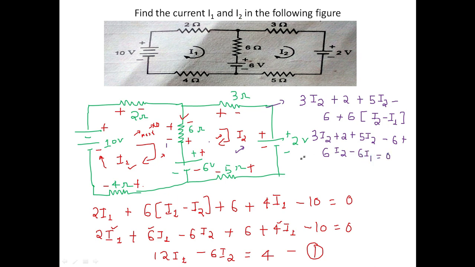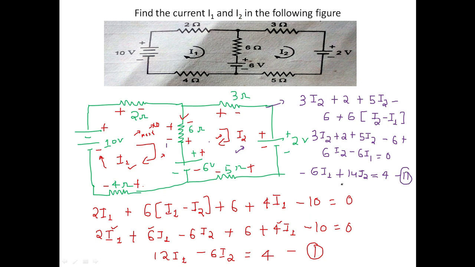Now if you again solve it, notice that here minus 6I1, 3 plus 6 is 9, 9 plus 5 is 14, 14I2, and then 6 minus 2 is 4, again it goes here, then it's plus 4 being there. This is our second equation. So these are our two equations.